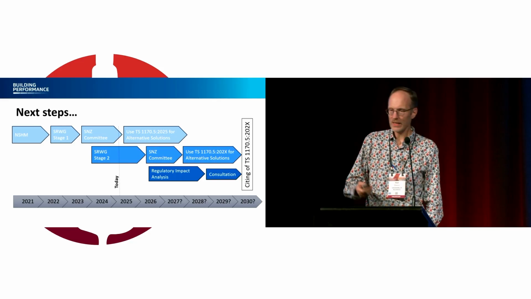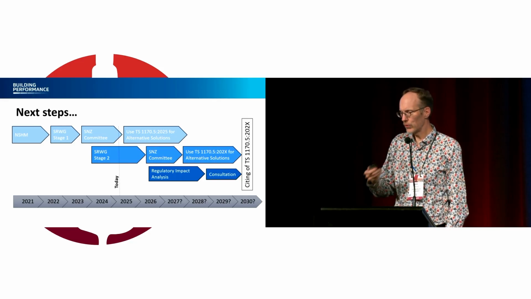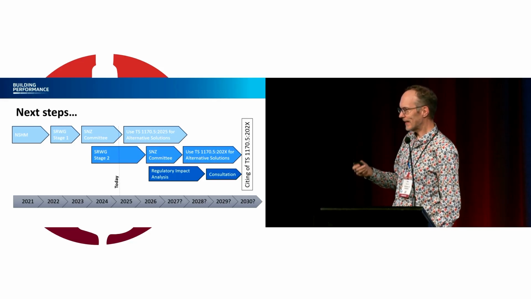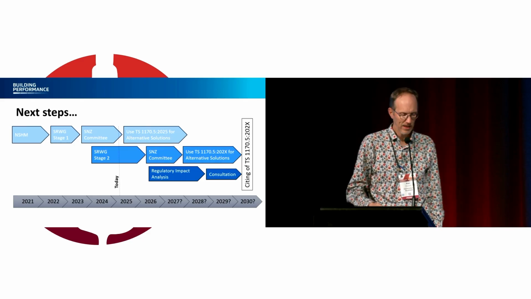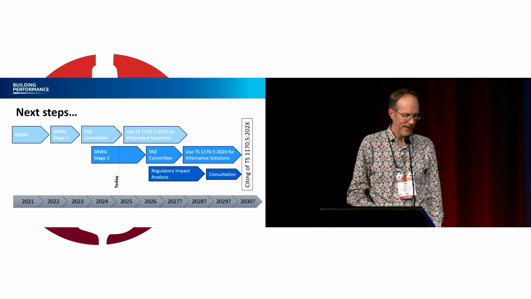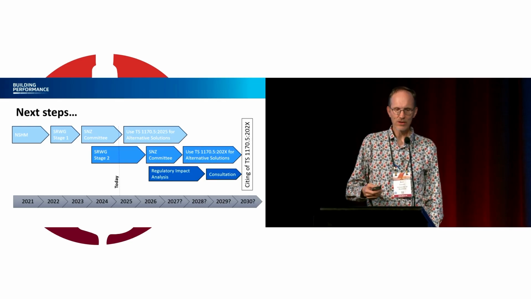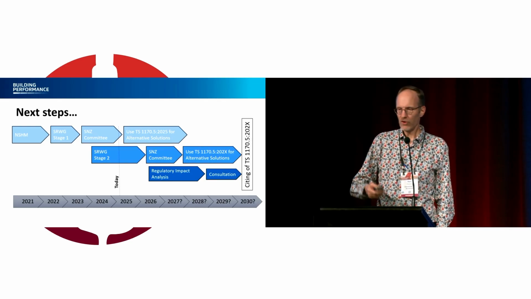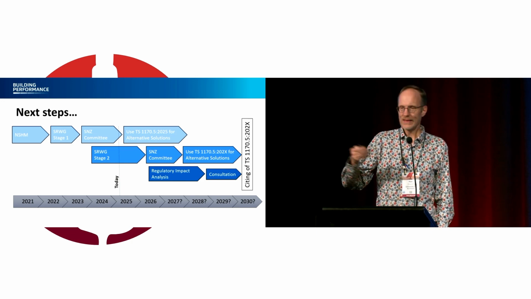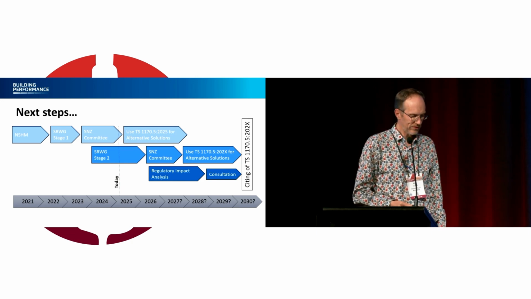Now, that's just the standard. Please bear in mind that there's further work to be done before that can then be the cited standard. And so there will be, of course, a regulatory impact analysis that's done, followed by a consultation that would finally lead to the citing.